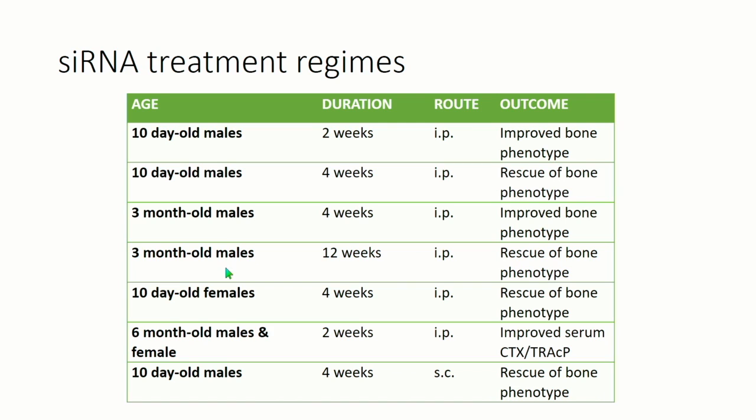It was effective in males, in females, in old mice where we only get a proof of principle because the treatment of big mice is very expensive, and we just checked some biomarkers of bone resorption. I will show you also that it is effective not only by intraperitoneal injection, but also by subcutaneous injection.